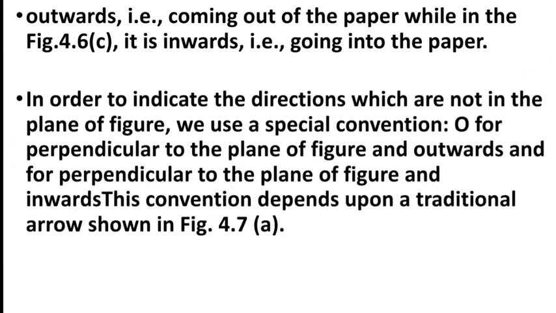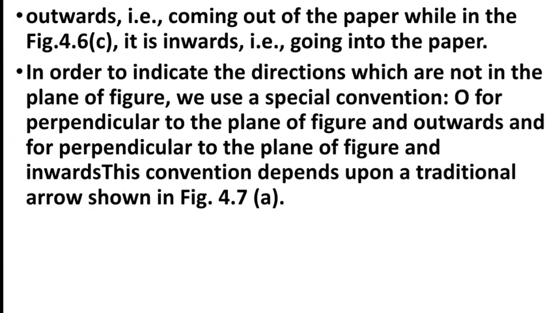In order to indicate directions which are not in the plane of the figure, we use a special convention: a circle with a dot for perpendicular to the plane of figure and outwards, and a circle with a cross for perpendicular to the plane of figure and inwards. This convention depends upon the traditional arrow shown in figure 4.7a.